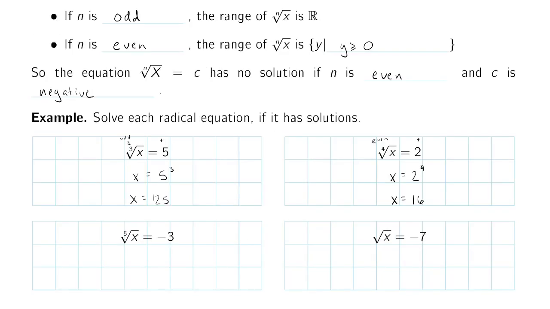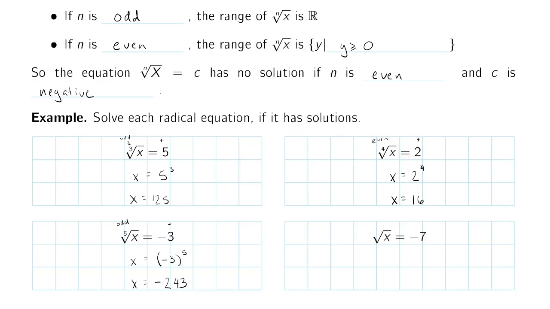Fifth root of x is negative 3. Well, this is negative, but our index is odd. So this is fine. X is negative 3 to the fifth power. In other words, x is negative 243.